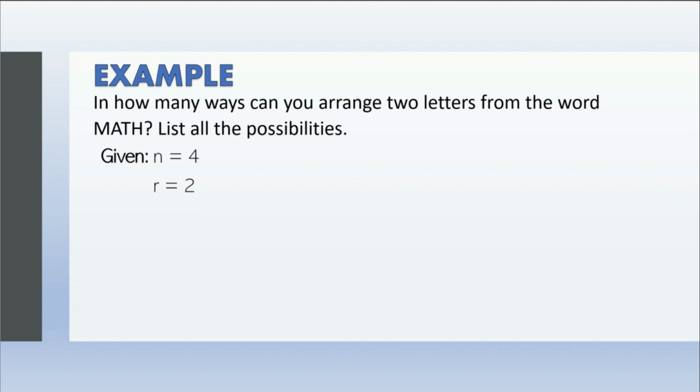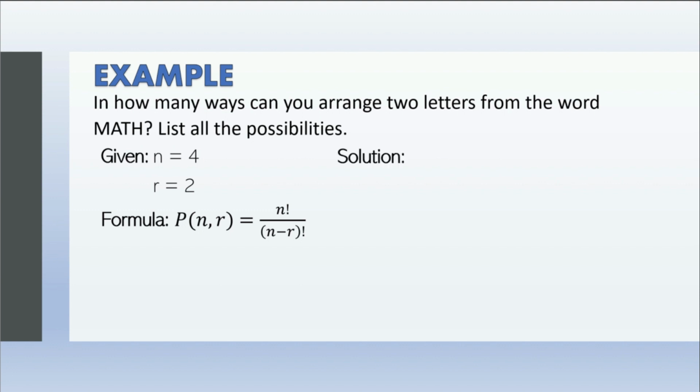Now, we will use the permutation formula. The number of permutations is equal to n factorial over the quantity n minus r factorial. We are now ready to substitute the values of n and r into the given formula.